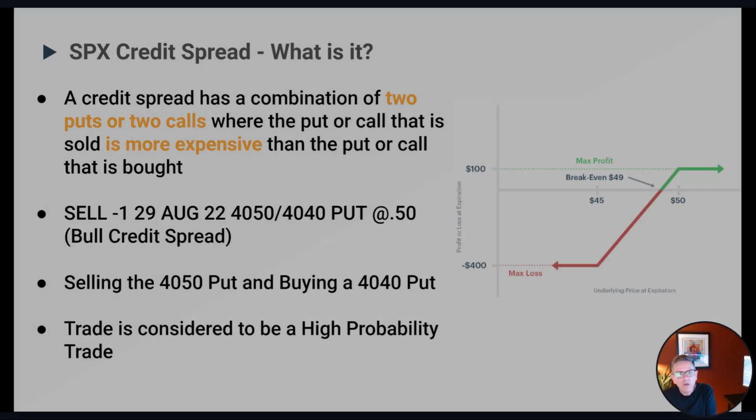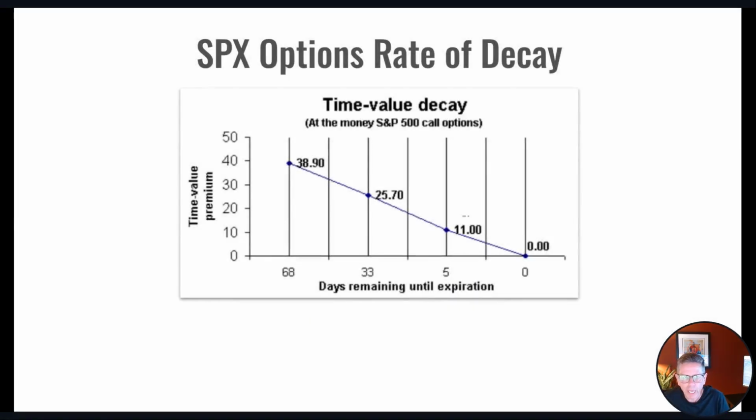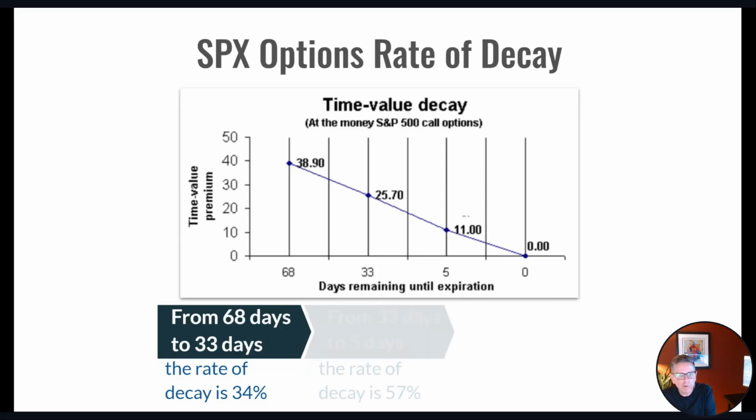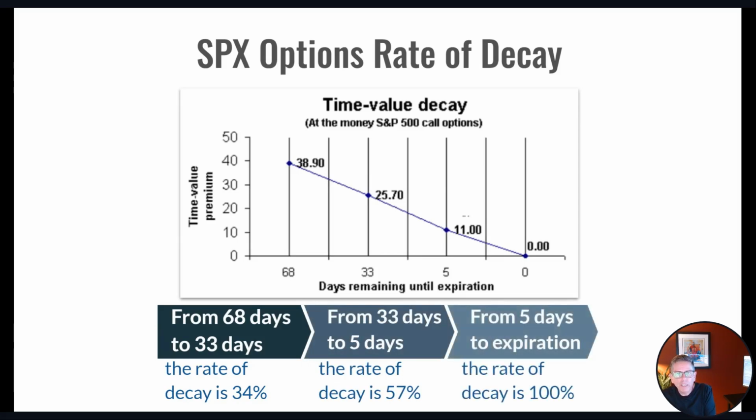All right, so let's look at the SPX options decay, and this is a chart of a call option going from 68 days to 0. From 68 days to 33 days, the rate of decay is 34%. From 33 days to 5 days, the rate of decay is 57%, and the rate of decay is 100% in a 5-day period.